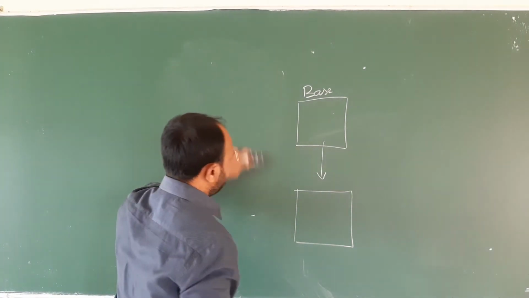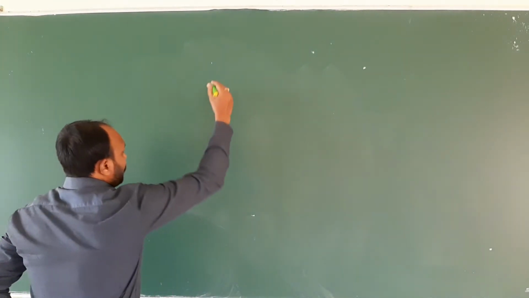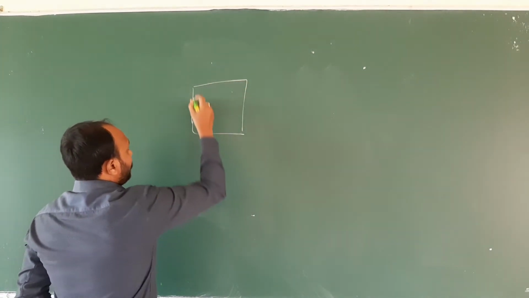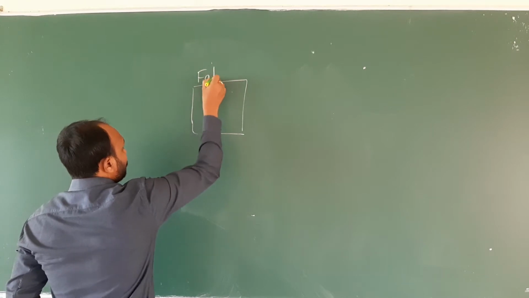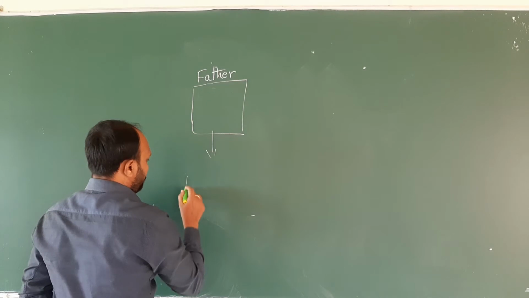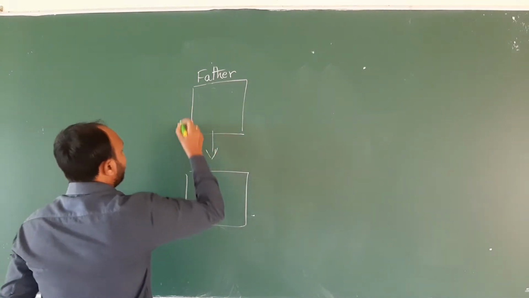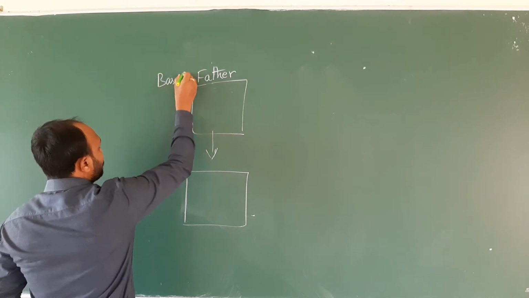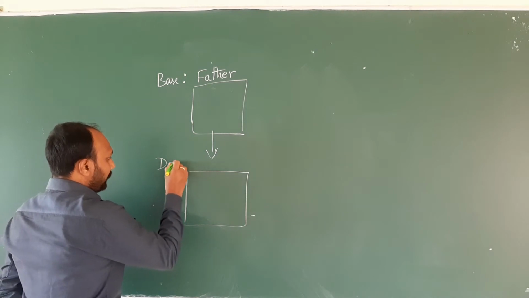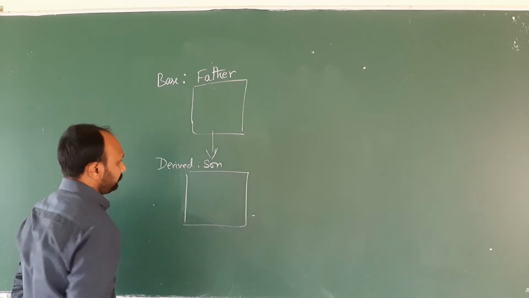Please notice here, in human life, let us say that for a father, we will be considering a son. So here father is the base class. From the base class father, we will be deriving a class by the name son.